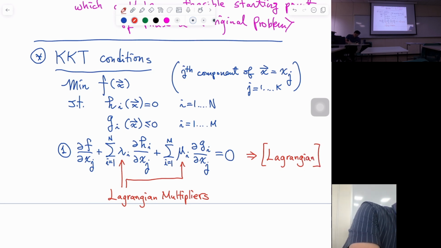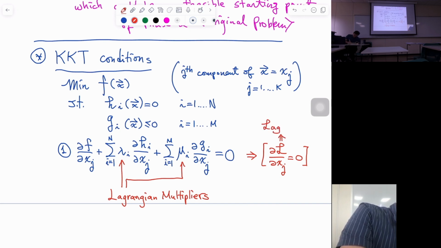Actually, no, this is not yet Lagrangian. This is the partial derivative of Lagrangian. So L means Lagrangian. So we will formulate some equation called Lagrangian, and the partial derivative of Lagrangian equals to 0.